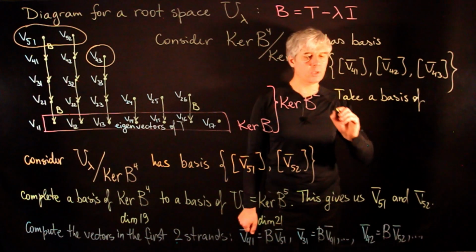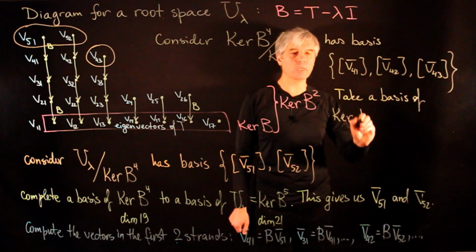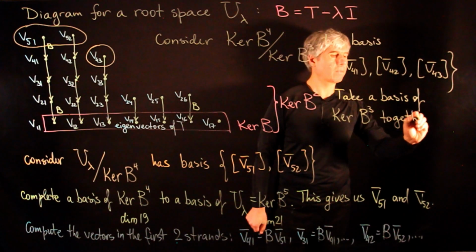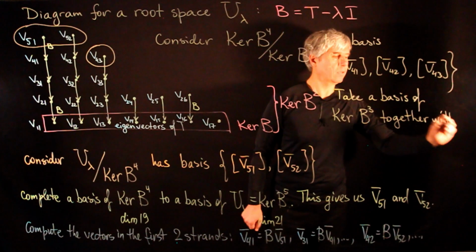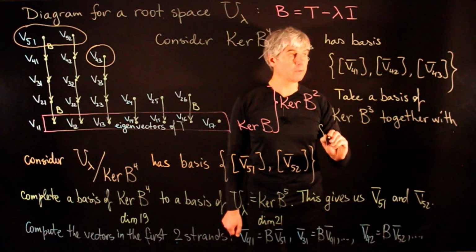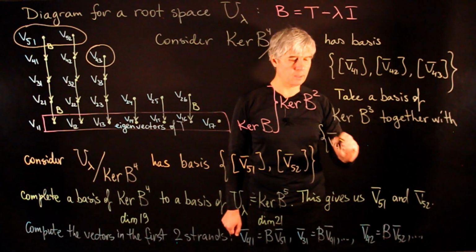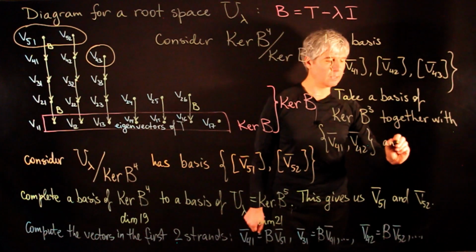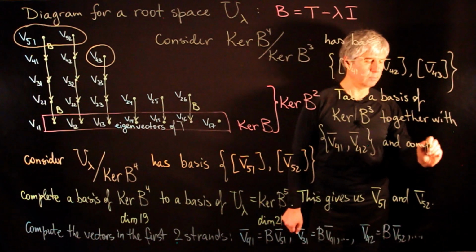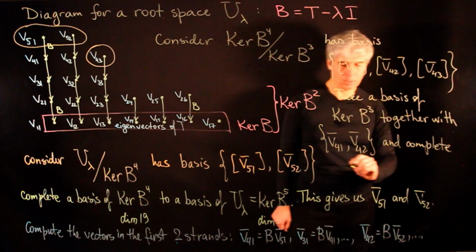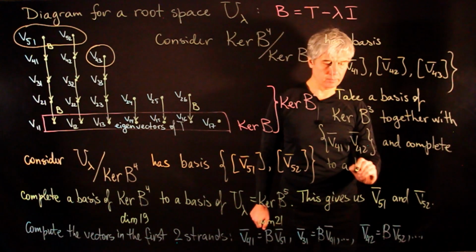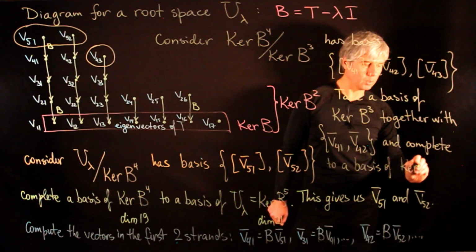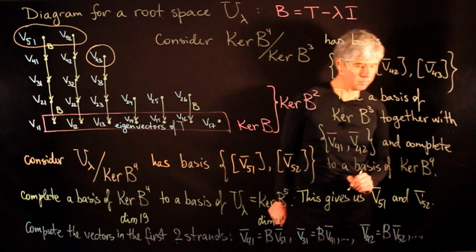And to find the top vector on the third strand, we take a basis of the kernel of b cubed together with vectors v41 and v42, which we already have, and complete to a basis of the kernel of b to the power 4.